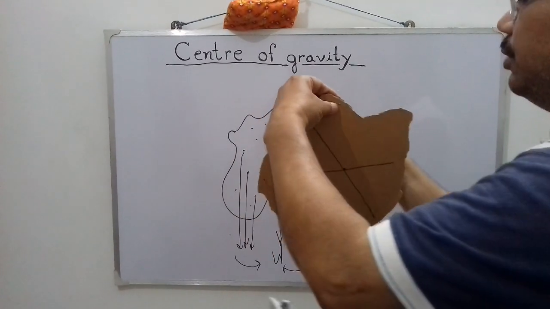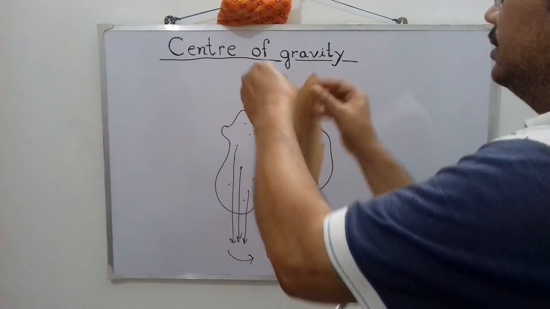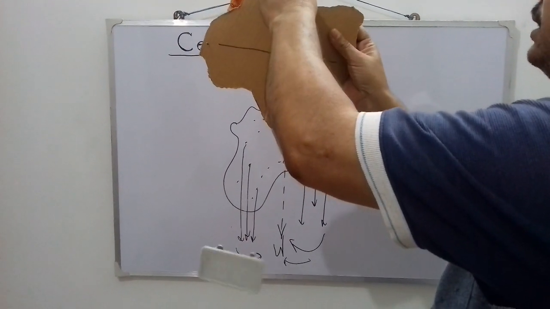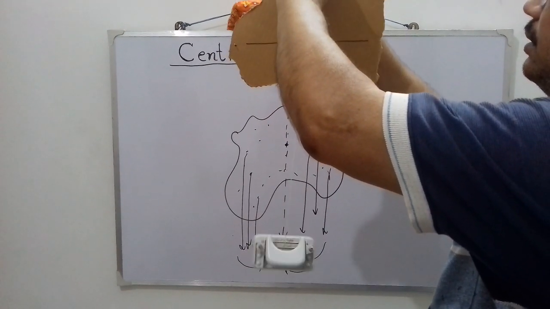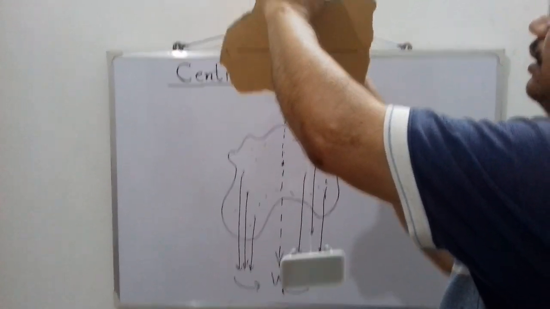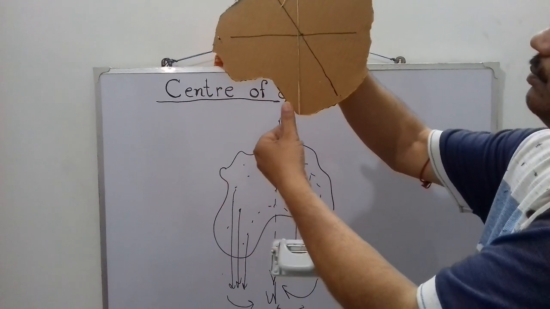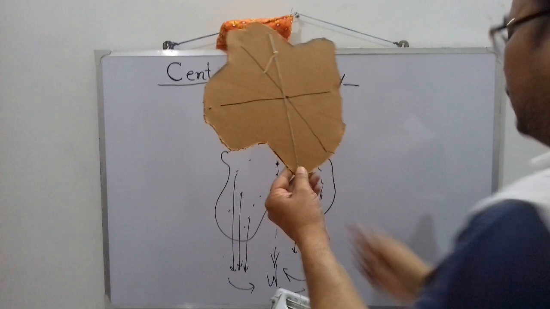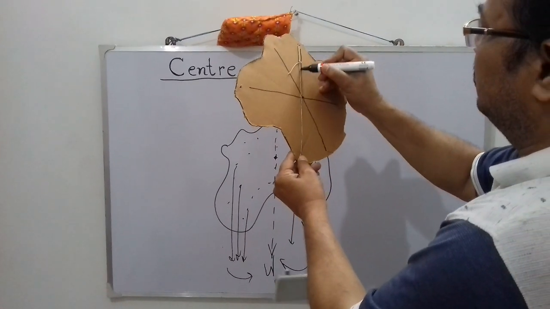We can do the same experiment with a third point also. We will see that the center of gravity line passes through almost the same point; the minor error is due to experimental limitations.